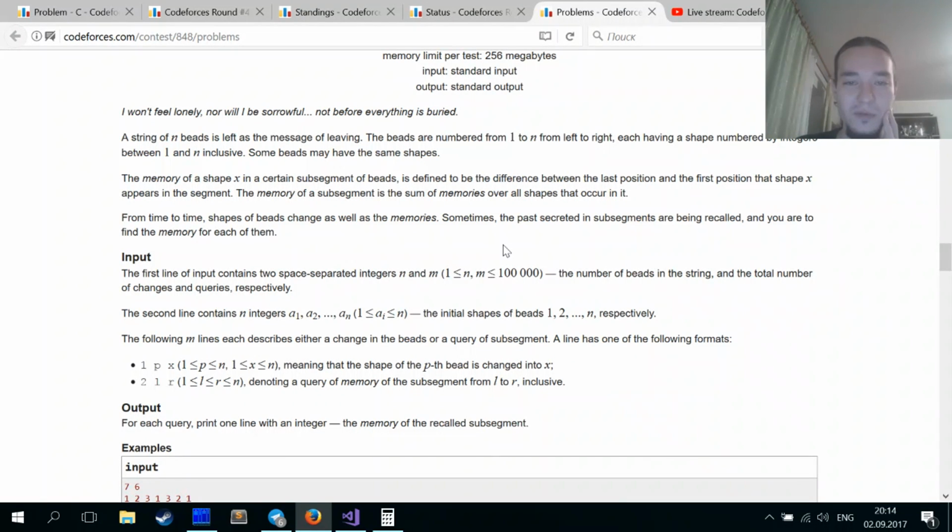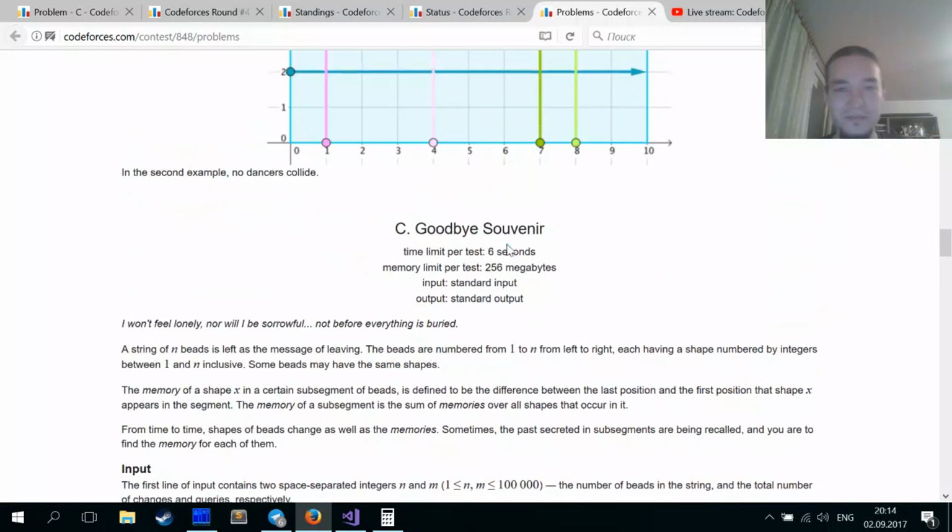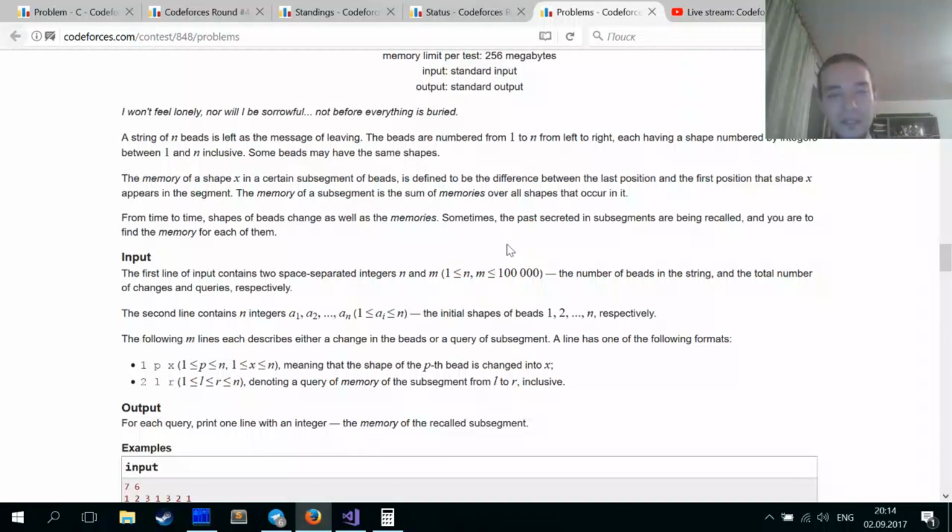So for this problem, I said before that I would solve the problems, but I don't think there's a lot of point in it, because this is just a standard problem that I can implement. Maybe if you're interested in how to write two-dimensional data structures, I may do that.